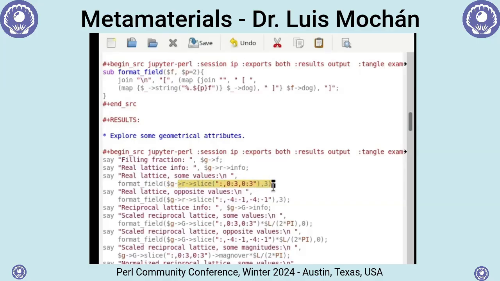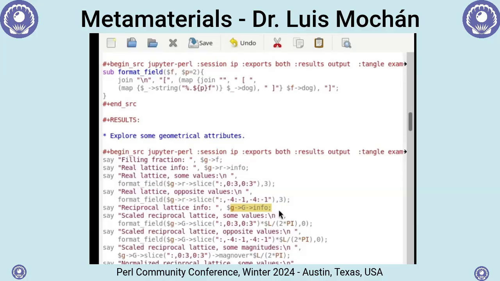So I take a slice of this array, and I format it, and I'll just display some points within my array. Here I'm taking a slice on the opposite side of the array just to see how it looks. I can look at the reciprocal lattice.